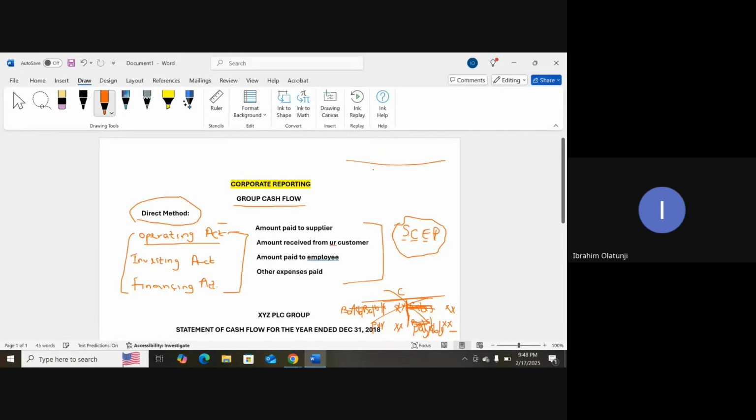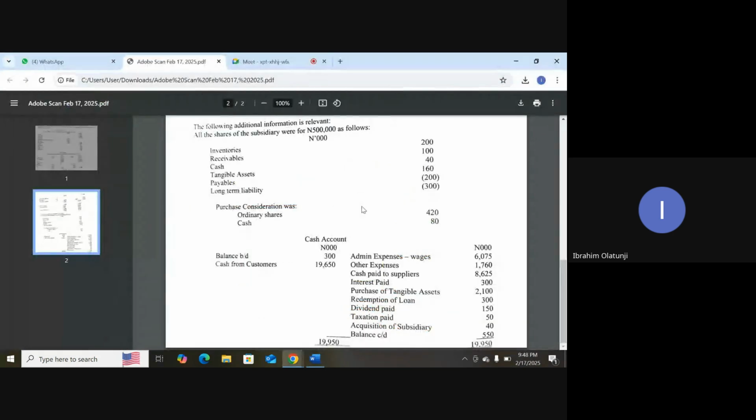Then when you do your T format like this, you say balance brought forward. For this balance brought forward, you go to your balance sheet and look for your trade payable. When you look for your trade payable, you put it here. Then the same balance sheet, the same trade payable as a closing balance. You know we have opening balance. They are going to give you two periods like this.